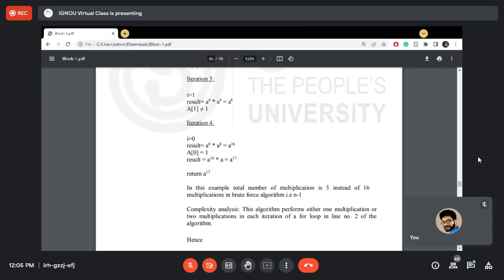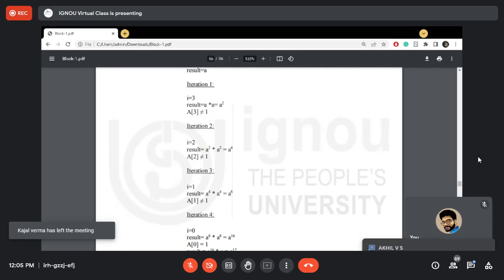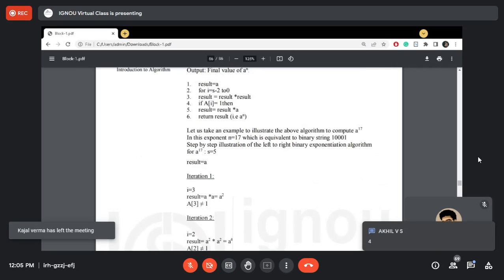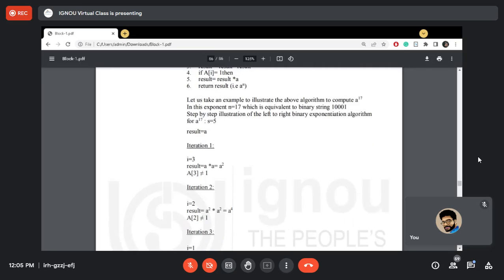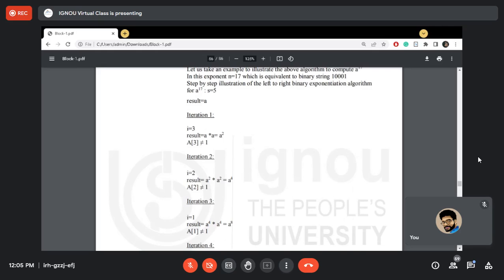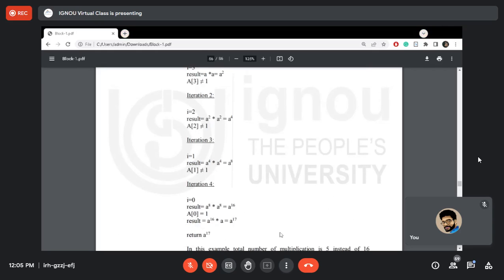So in this example, how many multiplications did we use? Four. Okay, Akhil said 4.